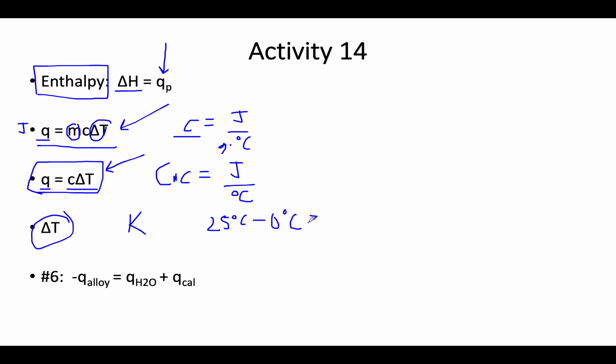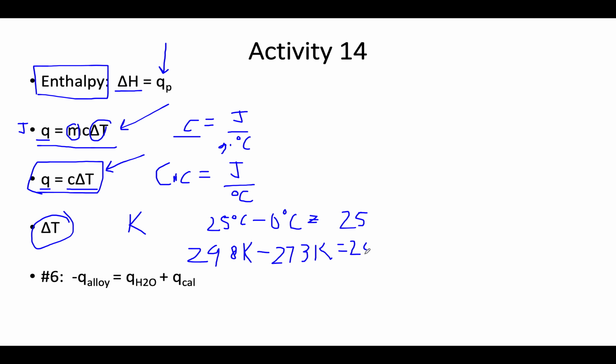So that delta T is 25. Now let's do this in Kelvin. So that's 298 Kelvin and 273 Kelvin. This isn't a super exciting calculation because it comes out the same.